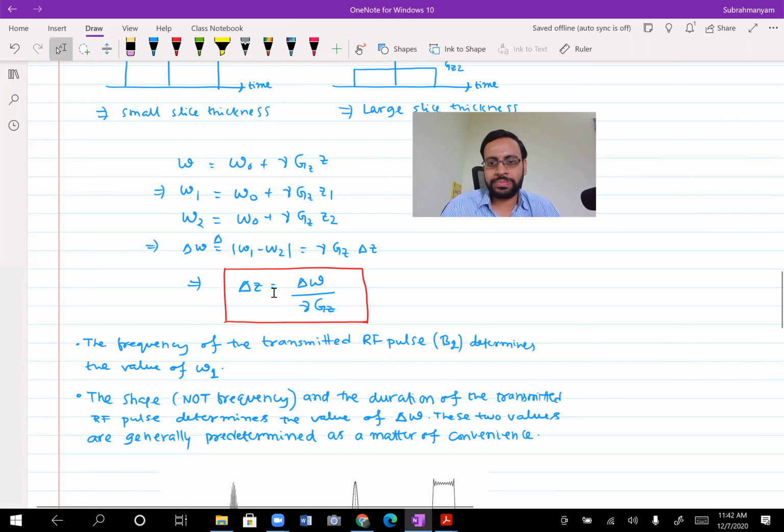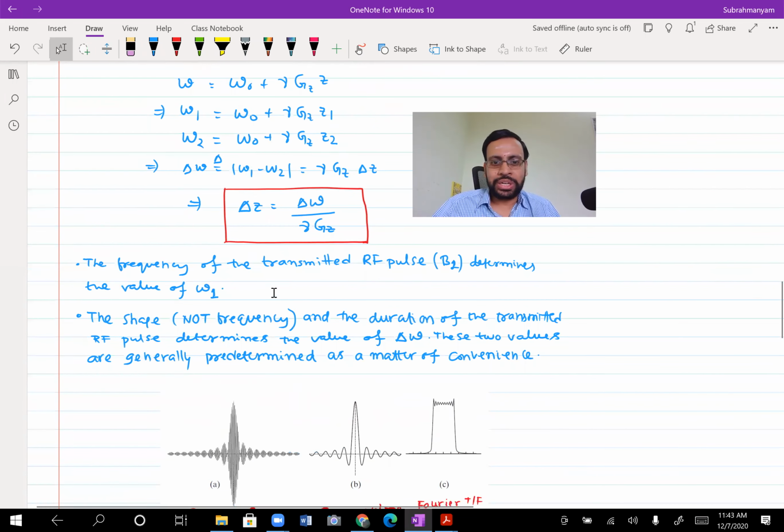This is the relation that tells you how to do that. Clear so far? Any questions so far?